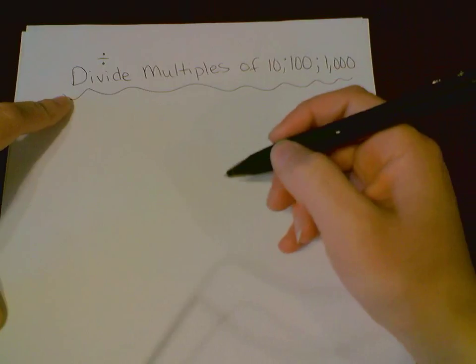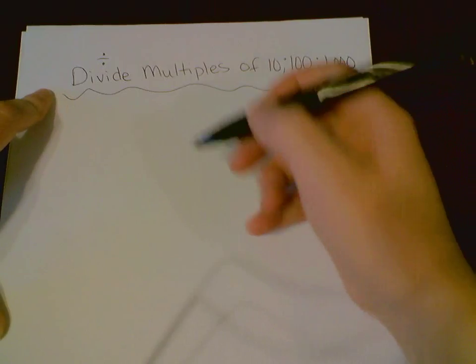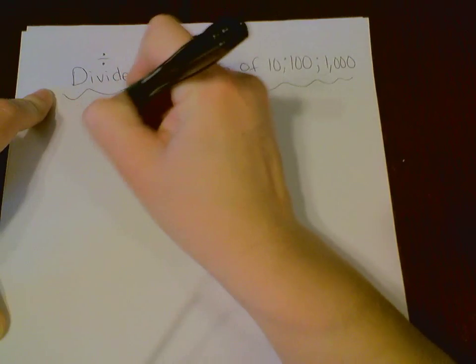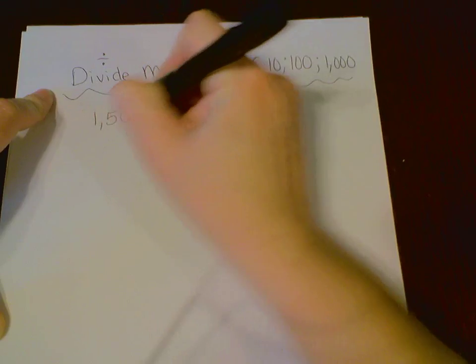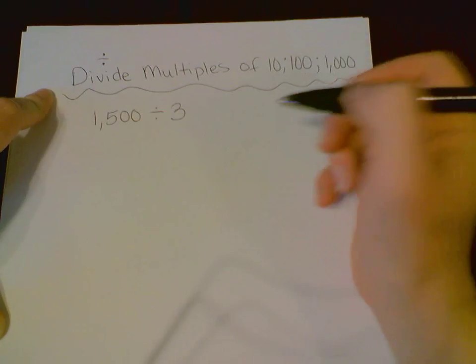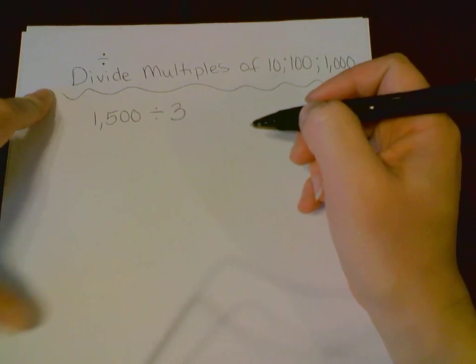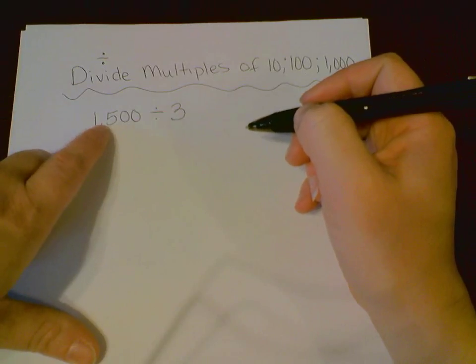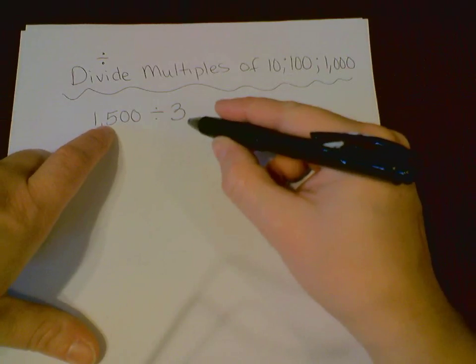All right, so let's start with wanting to figure out the number 1,500 divided by 3, okay? Now obviously we've only done division with 2 digits divided by 1 digit.